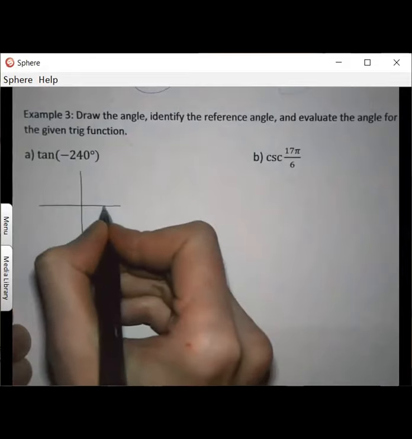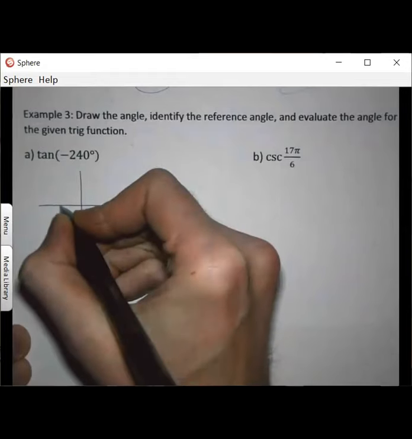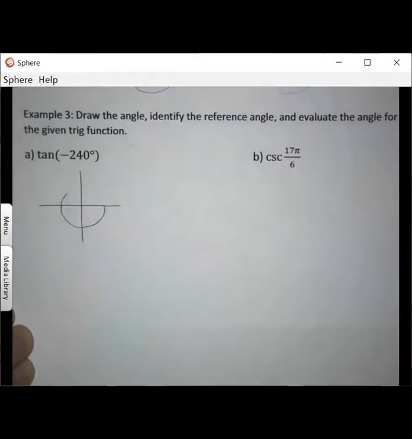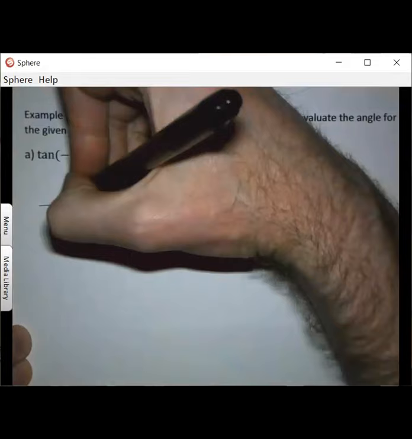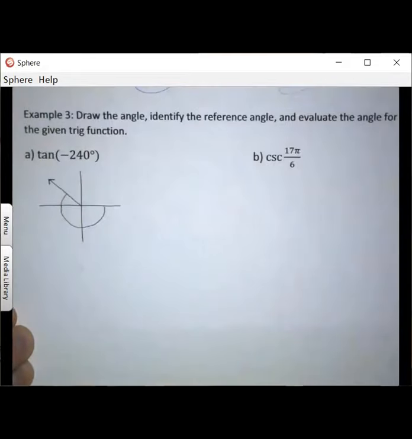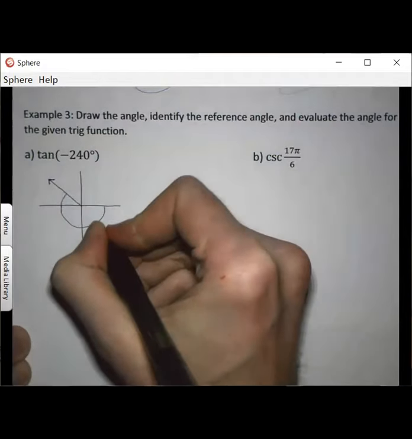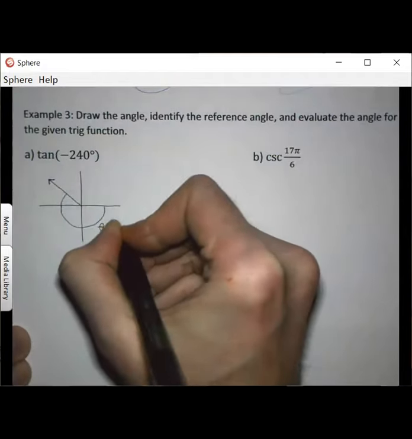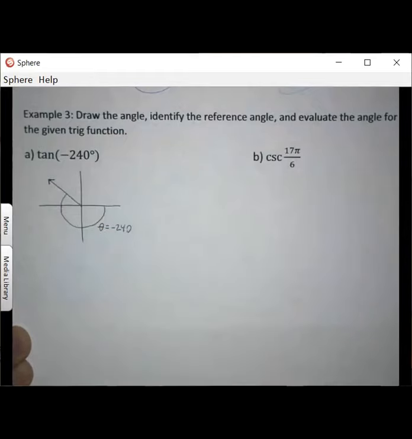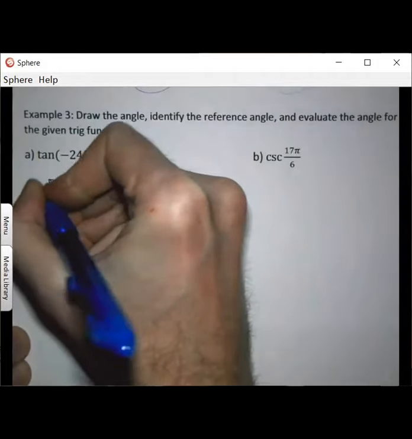Again, 0, 90, 180. It's going to be less than 270, so put it about right there. So our reference angle from the x-axis is going to be here. That's going to be our theta prime.